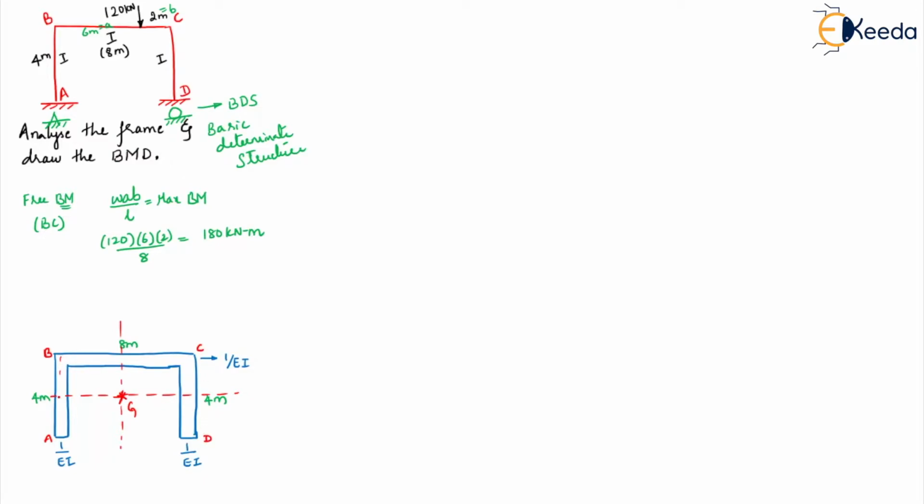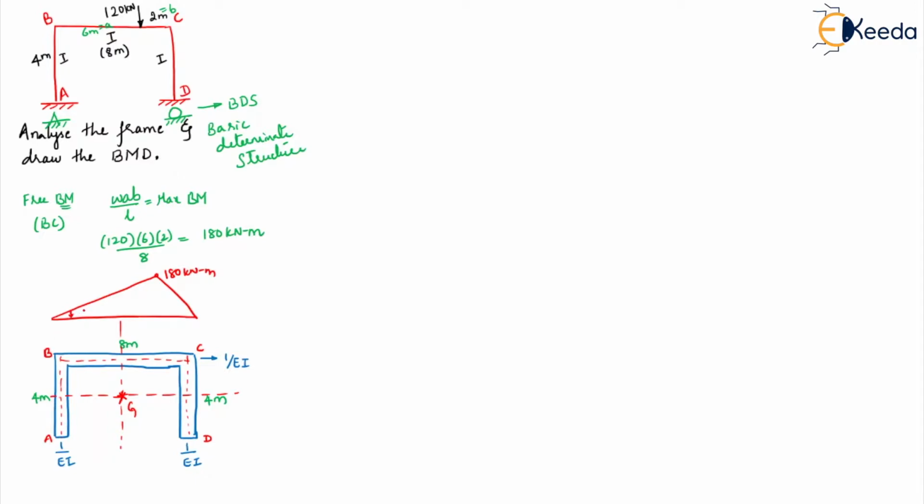So this is your analogous column. So on the analogous column, what do we have? We have the free bending moment. So let me draw the free bending moment here like this. So wherever the point load is there, there you will have the maximum bending moment, and how much is that value? 180 kilonewton meter.